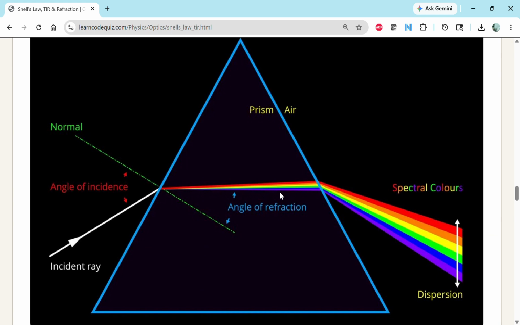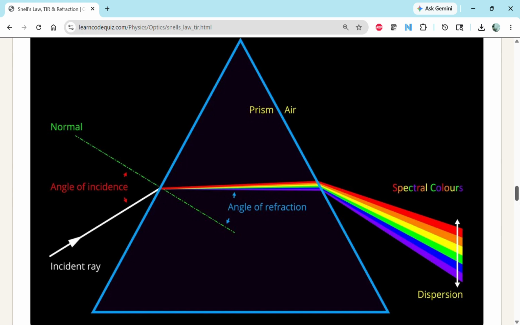Blue is around 400 nanometers. So this red light, which has a higher wavelength, is interacting least, or is affected least by the prism material, and therefore it has a higher speed and therefore lower refractive index.